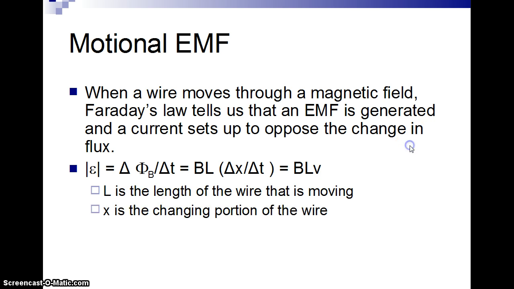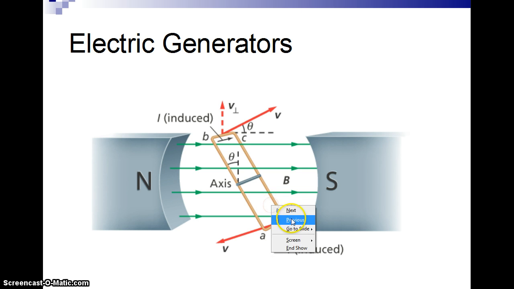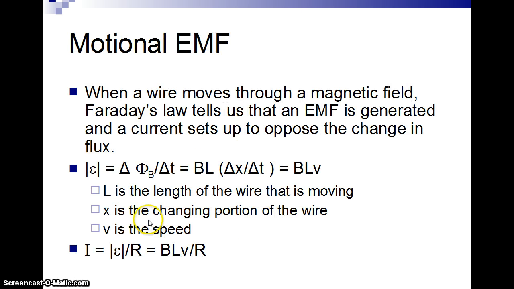So that's the voltage. And so the current is just voltage divided by resistance, so it's BLV divided by R. So those two main equations, sometimes it's called the motional EMF versus just the generic equation for Faraday's law, delta phi over delta t, are the two main equations we're going to need.